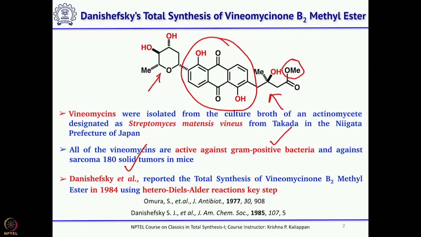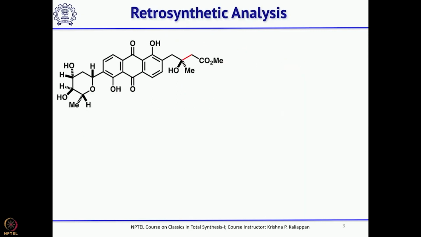In addition, they also used a Diels-Alder reaction to construct the anthraquinone moiety. Let us see how Danishefsky's group used these key reactions to complete the total synthesis of vineomycinone B2 methyl ester.